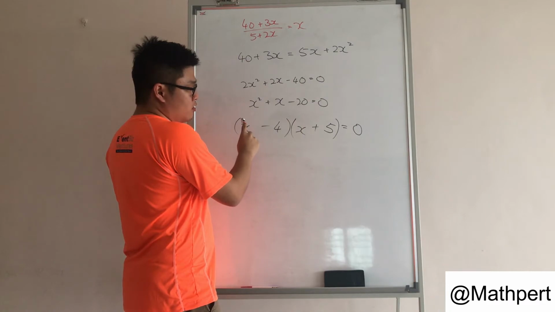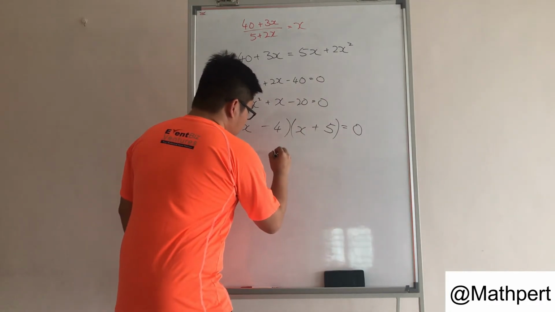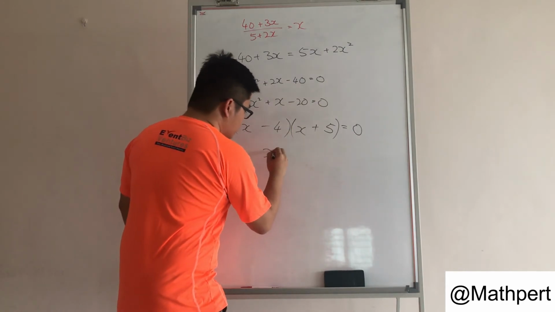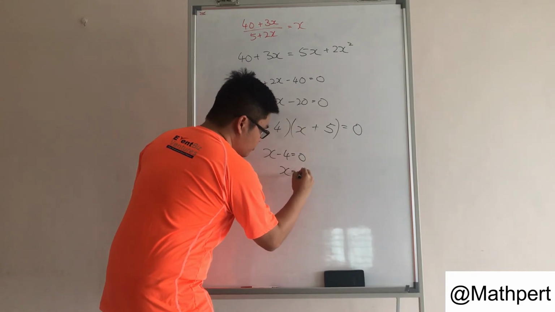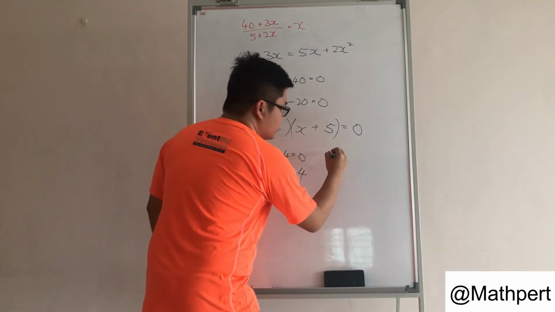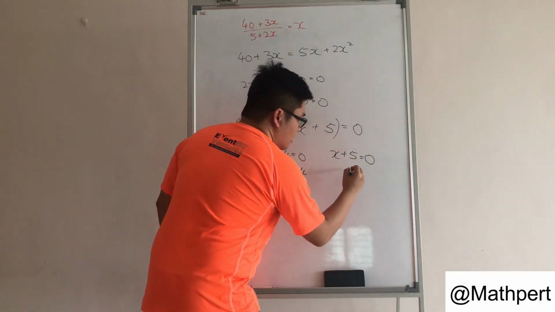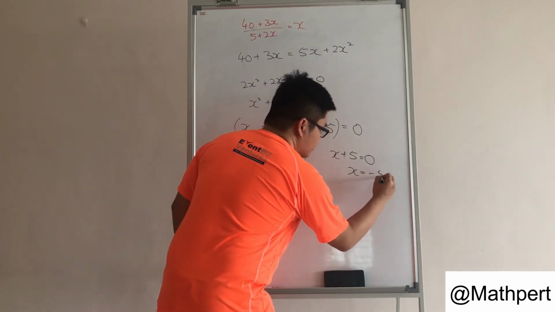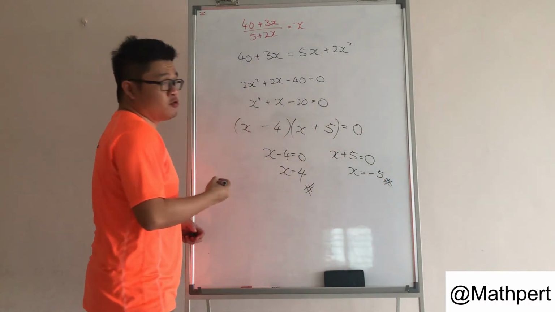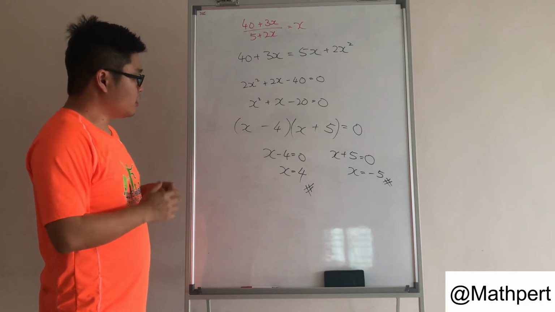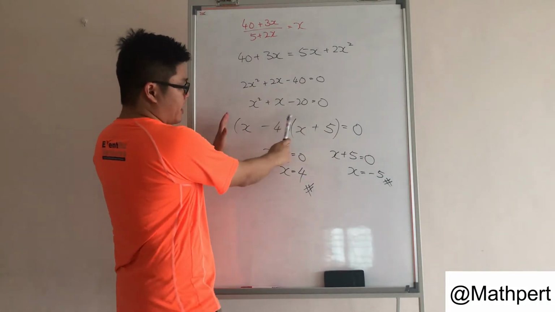So in these questions, the roots is x minus 4 equals to 0, x equals to 4. Another root is x plus 5 equals to 0, x equals to minus 5. Why we need to do this is because everything multiplied by 0 becomes 0. So we have 2 brackets here.